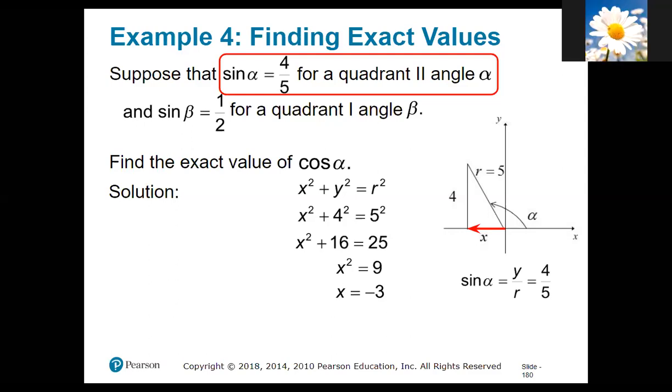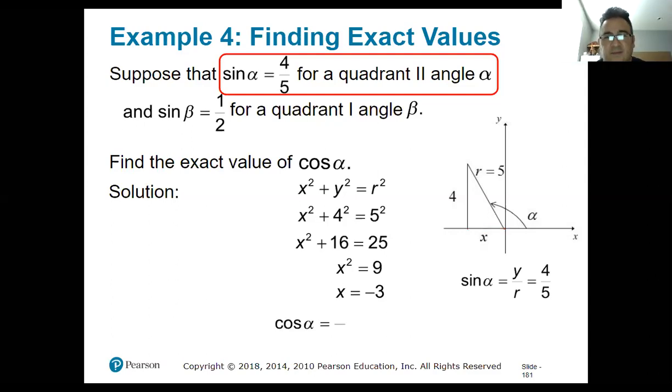No. Good, Talia. Somebody fell for it yesterday. So it's not negative 3. Why? Because I wasn't asked to find x. I was asked to find what? Cosine alpha. So what would be the cosine of alpha? In terms of x, y, and r, it would be x over r.